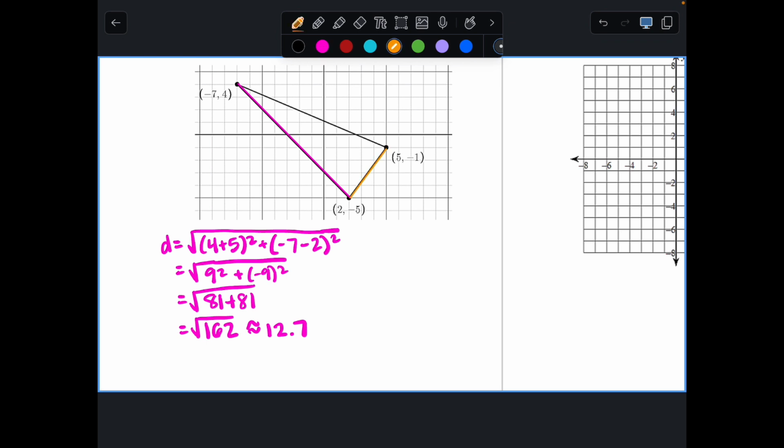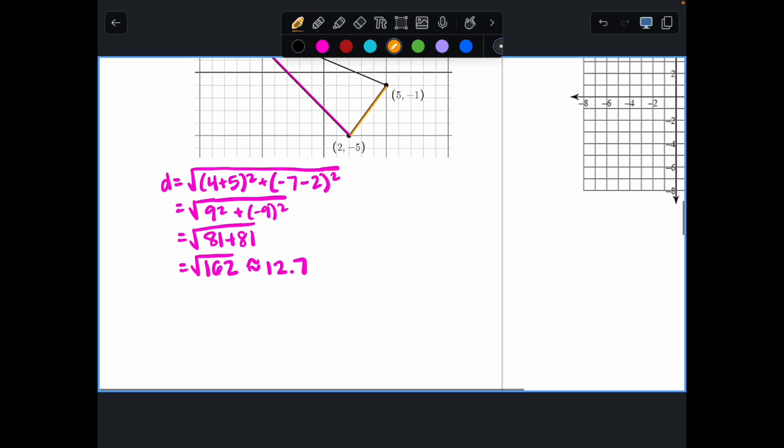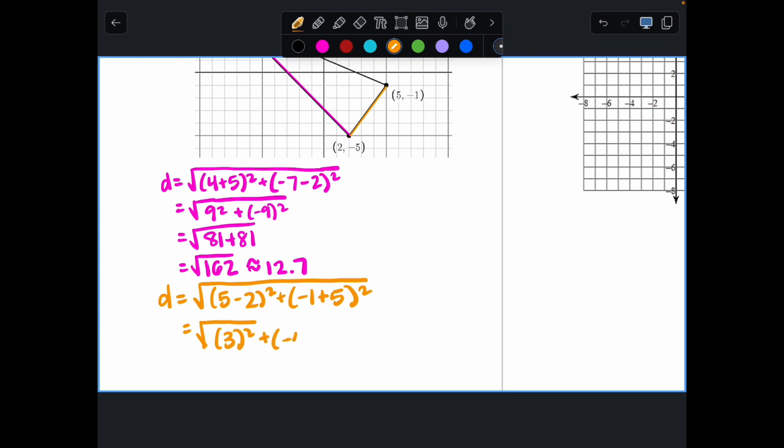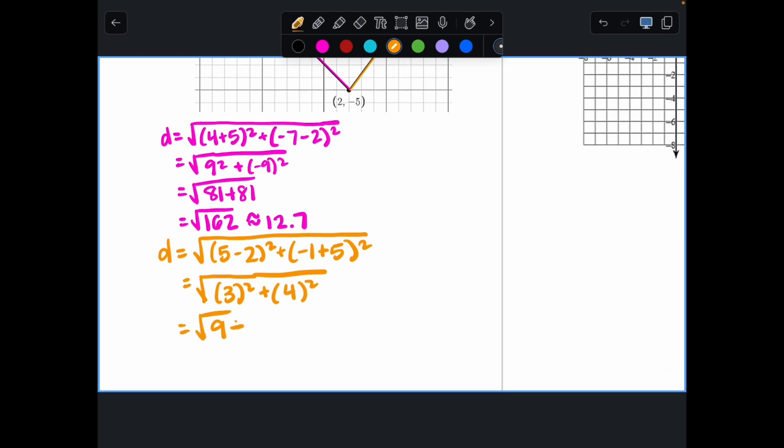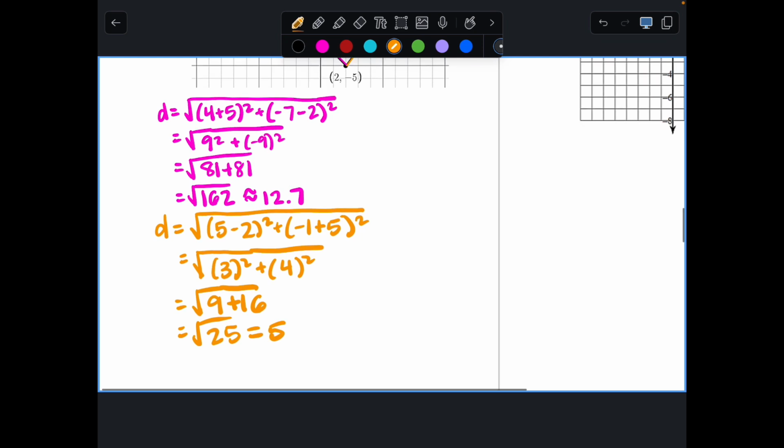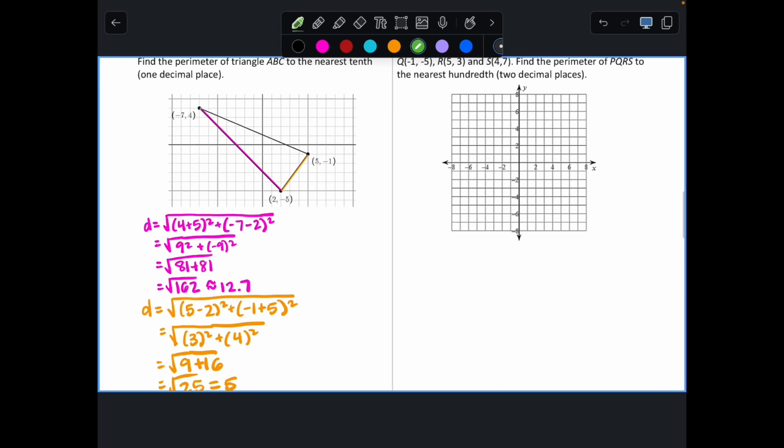So now let's do this shorter side. Okay, and then the distance for the last side.